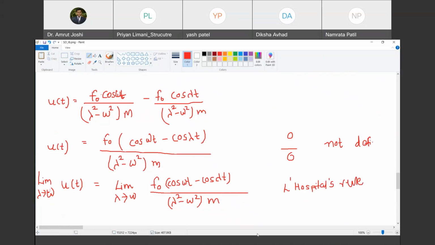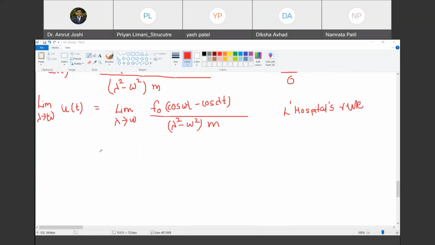So we are going to take differentiation of numerator with reference to lambda, not with reference to time, and differentiation of denominator with reference to lambda. And if we take the ratio of that and take the limit of that quantity when lambda tends to omega, it gives you the same answer as this limit. That is L'Hopital's rule. Are you with me? So let us apply that.